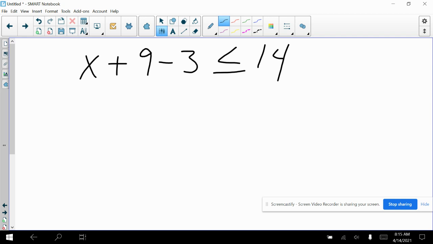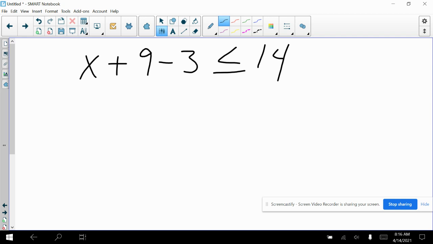What do we got to do first? What's that mathematical term that's going on the left side over there? Nobody remembers? Three words, I'll give you a hint.